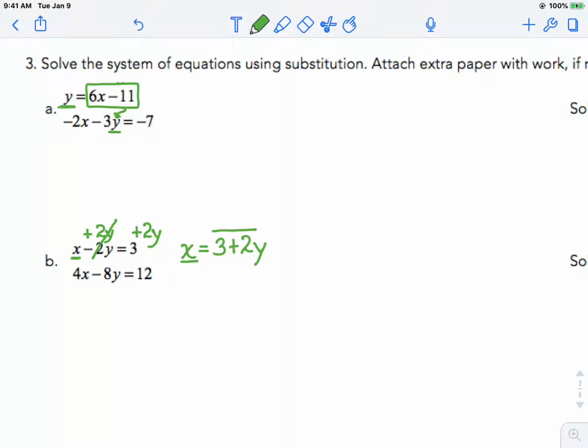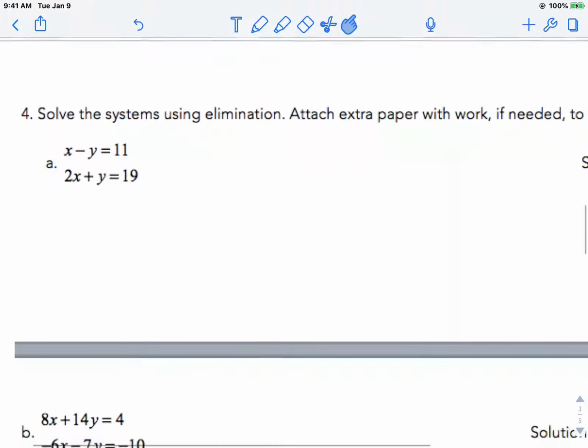So I could say x is going to be replaceable by that. And then I'd go to that second equation and underline the x so that when I write the second equation in my work, I'm going to replace it with what's in the box. So pause the video, try those out, then resume the video to go to number 4. Like I said, in the next video, we'll come back and look at those two again.